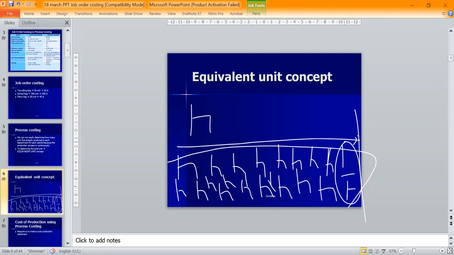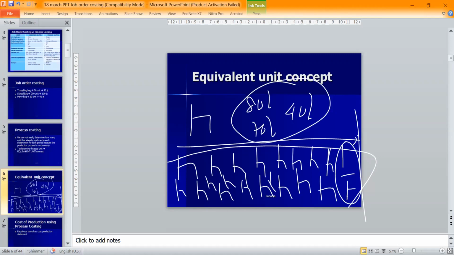Even if the product is only finished 30%, 70%, 40%, we make a calculation here to compute what all this unfinished product is equal to if the product were already finished 100%. So that is the concept of the equivalent unit.